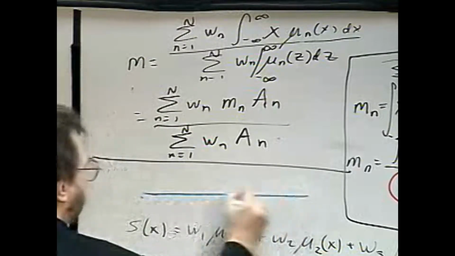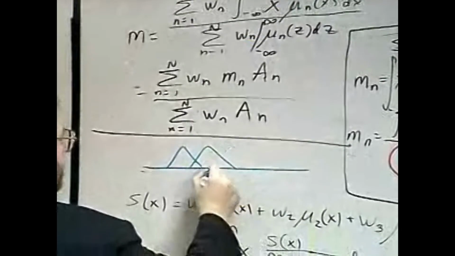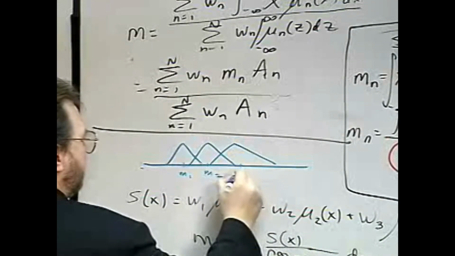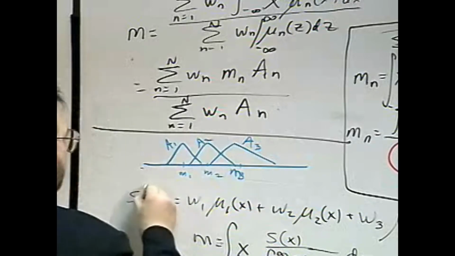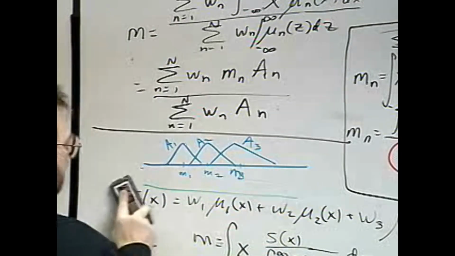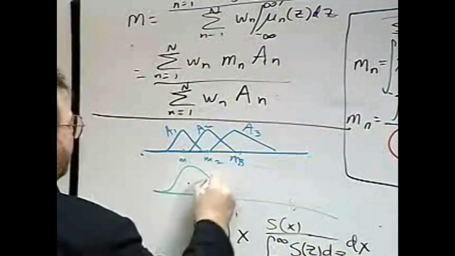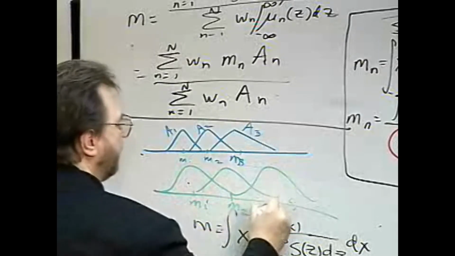That if I choose defuzzification membership functions so that, say I chose 3 of them like this. This one has a mean 1 and a mean 2 and a mean 3. And this one has an area of A1, A2, and A3. So those are the areas under there. But I will get exactly the same results with these as if I choose a membership function, for example, something like this, and as long as the means, I can use Gaussians here or whatever I want.